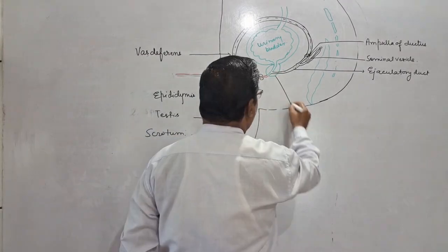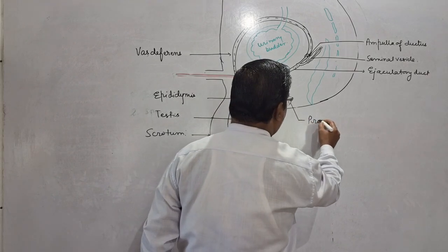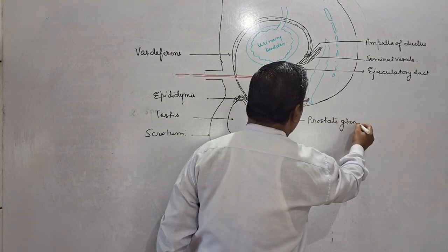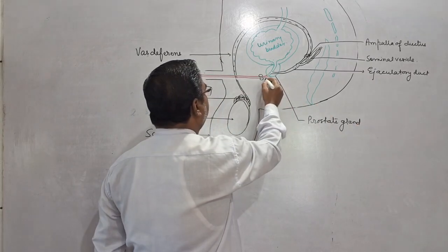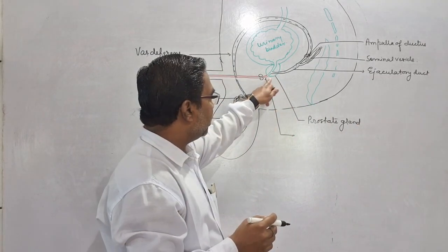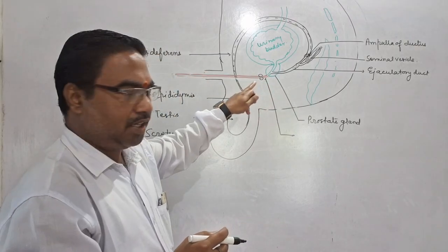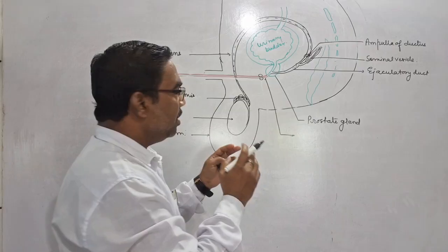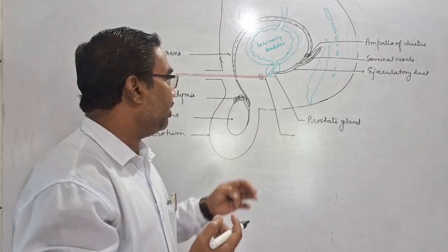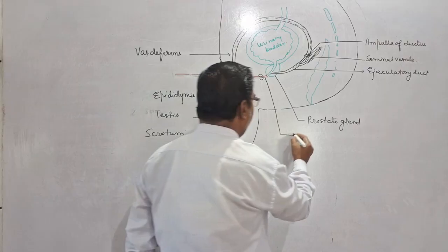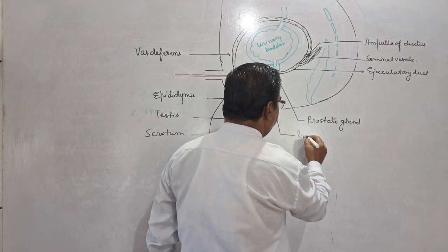This green colored structure is the prostate gland. Then a little area of urethra. The urethra starts from here, at the prostate gland. The short area of the urethra just lateral to the prostate gland, but before the bulbourethral gland, is called the prostatic urethra.